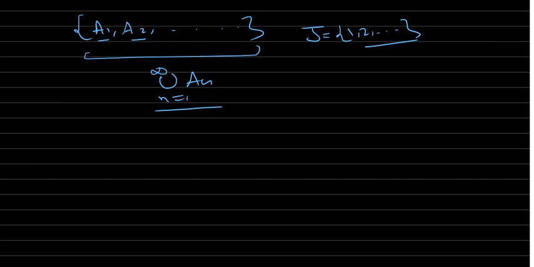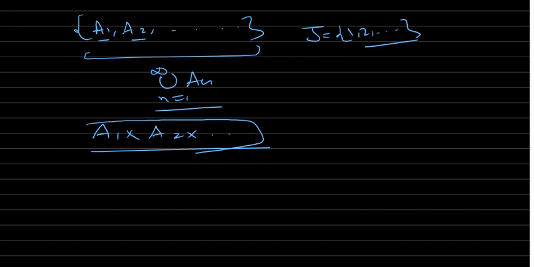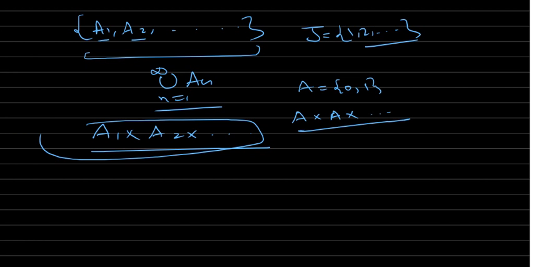But if I take the cross product of countably infinitely many sets, this may not be countable. In fact, we will see that if A is a set consisting of only two points, 0 and 1, then A cross A cross A, countably infinitely many times, is not a countable set, and we denote this set by A omega.